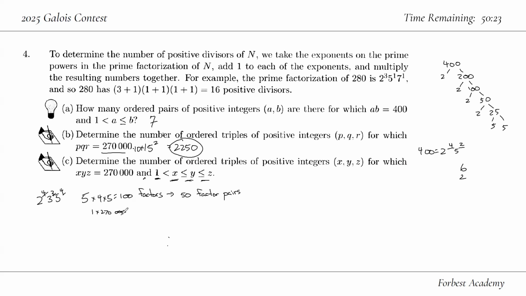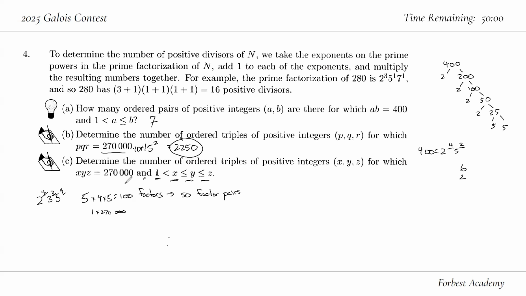Okay, let's ignore this for now. And then there are 49 other factor pairs. And these will be unique. Each of those numbers in those pairs will be different from the other because 270,000 isn't a perfect square.